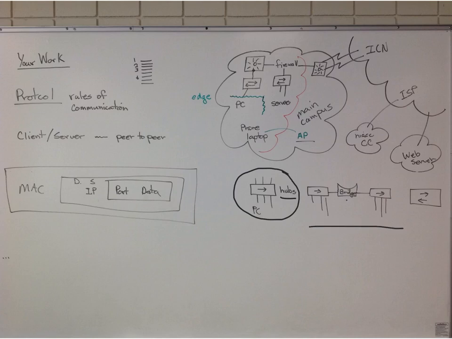Then later on in the history of networks, we get a bridge which would be able to separate. So signals within this network could stay here, and if the address was on the other side, so we have a PC, it's going to communicate to a PC over here, then the bridge would move it across.